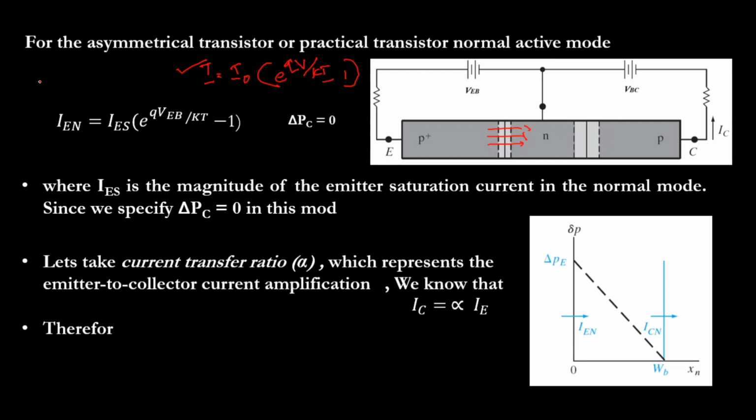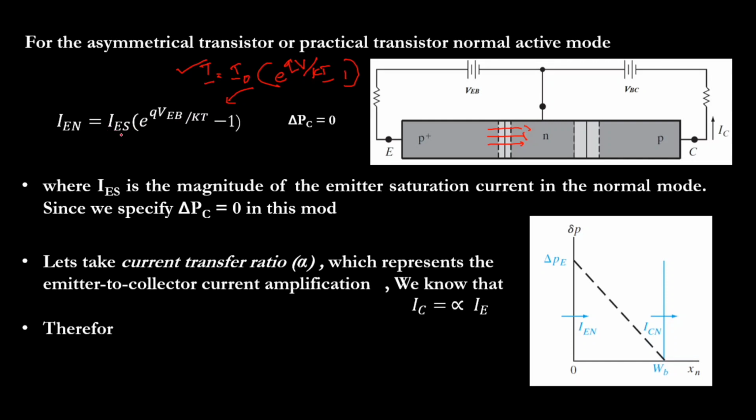So the current flowing here is IEN, right? This is basically a diode current only. Using the diode current expression, I am writing the expression for IEN. So here there will be a reverse saturation current, that is the emitter reverse saturation current. This is I0, the reverse saturation current, which I am replacing with the expression IES.